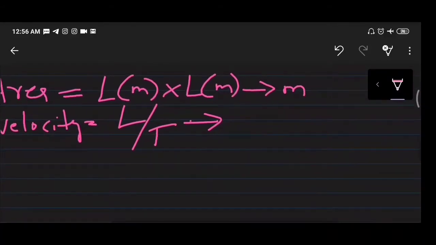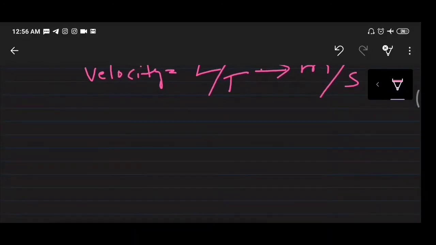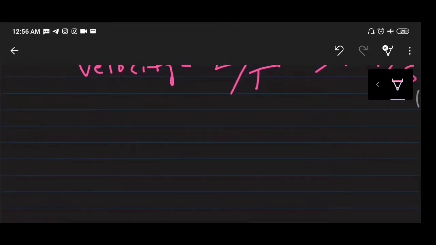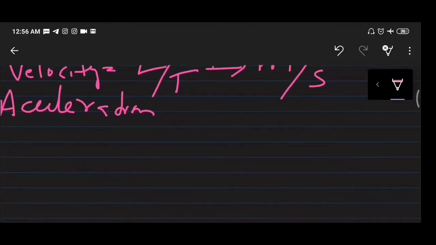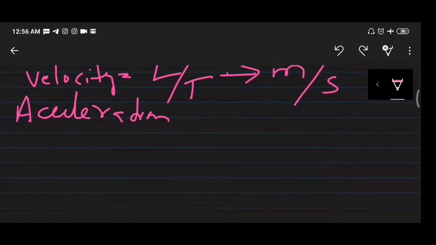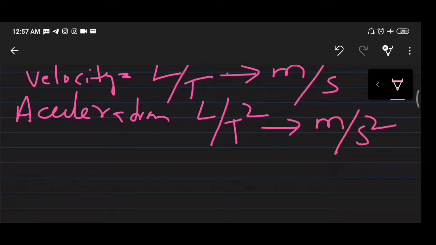If you substitute this value here, that will be meters per second. And for acceleration, the rate of change of velocity is nothing but acceleration, which is meter per second square.